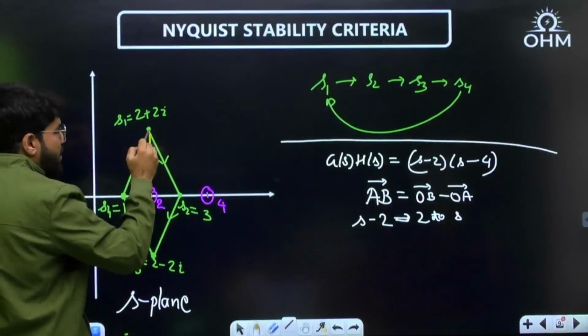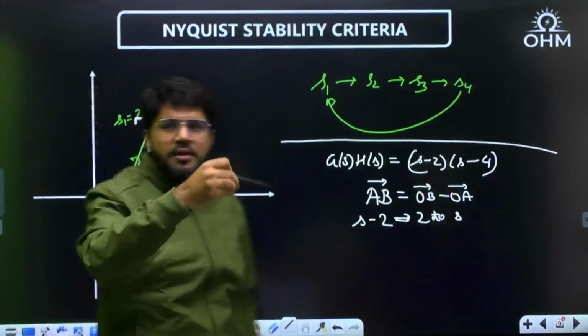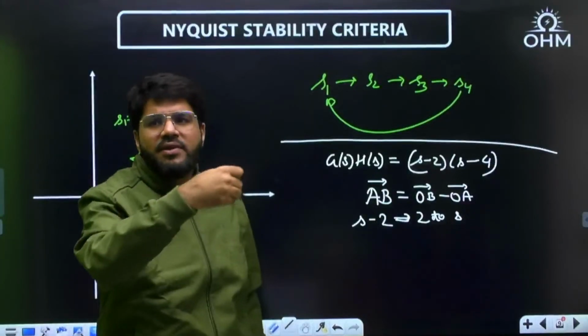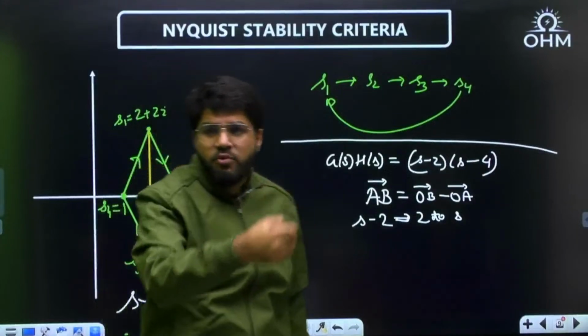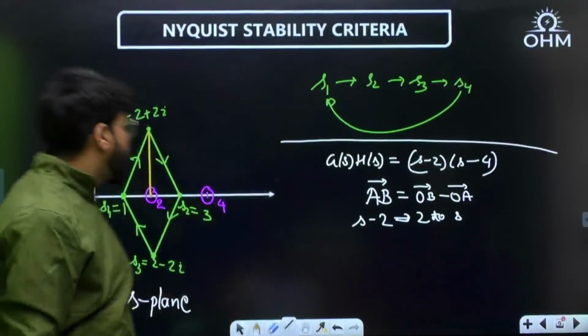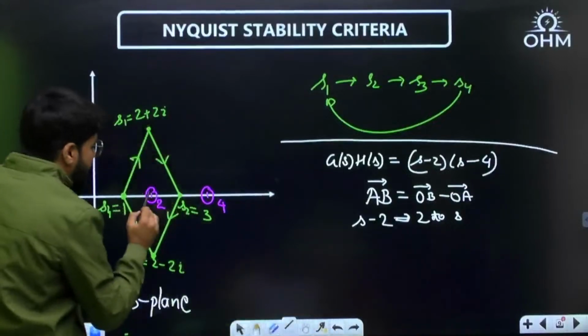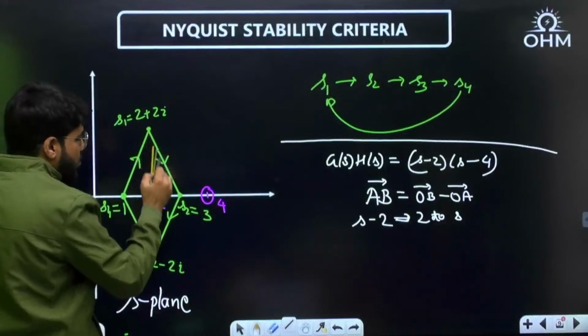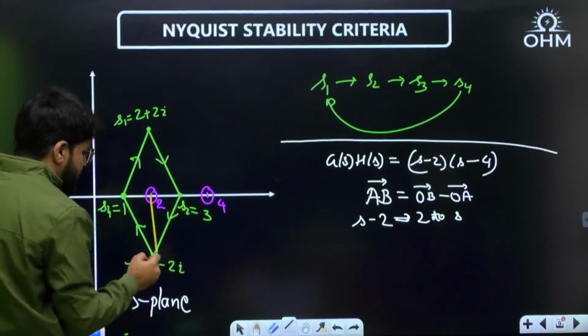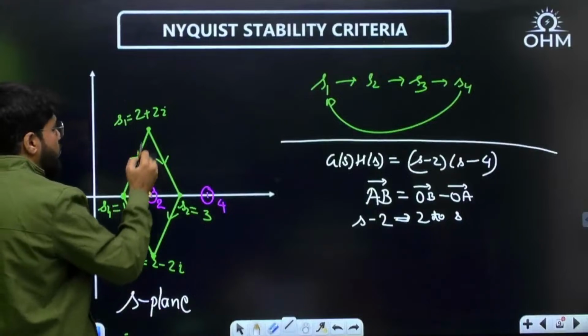What happened? This vector has done one complete revolution. One complete revolution means 360 degree movement, 2 pi radians. Once again, I have taken the vector from 2 to S, starting from S1, going to S2, S3, S4, and back to S1.